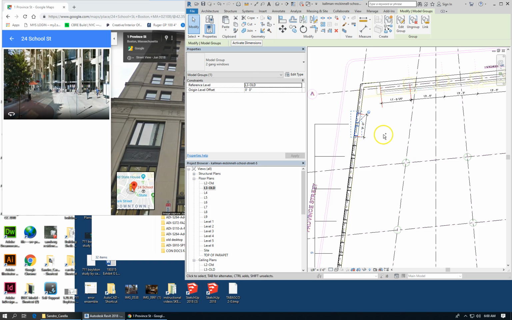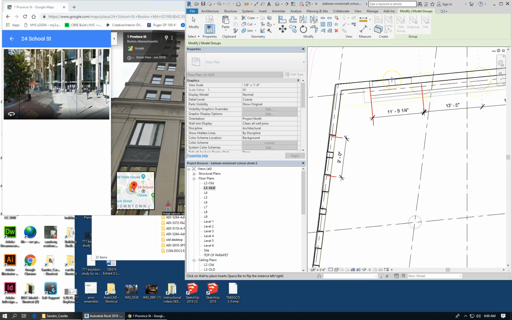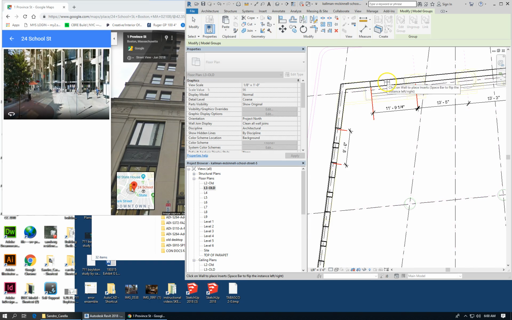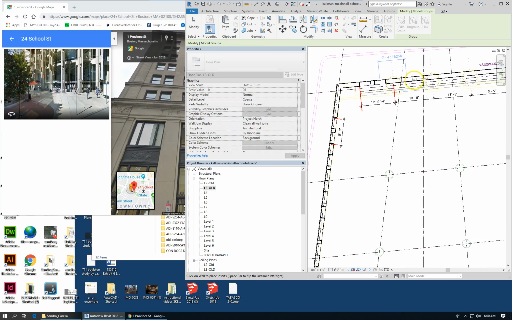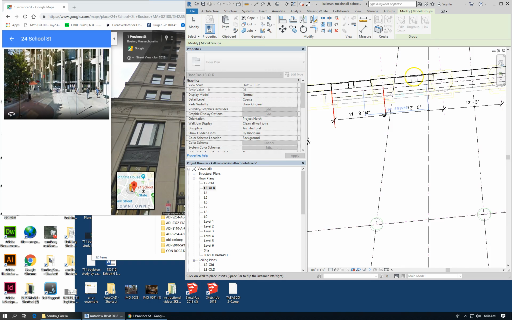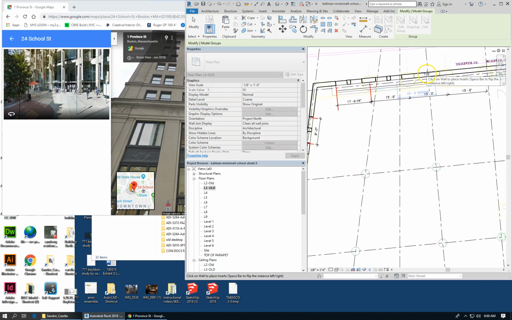I'm going to take an instance of the model group and see if I can, yeah. And you can see it just barely fits in there. I'm going to paste each one because I want to see that it fits.